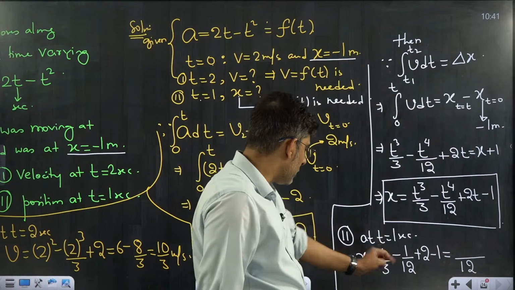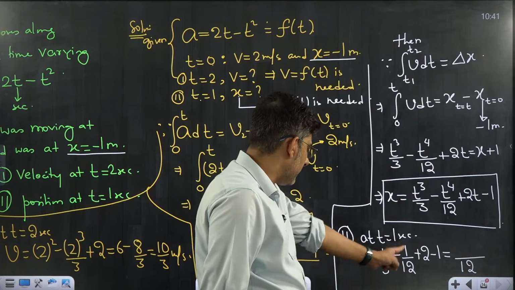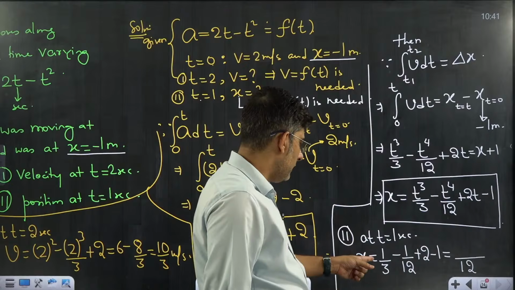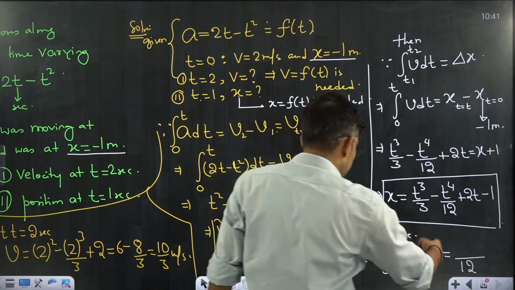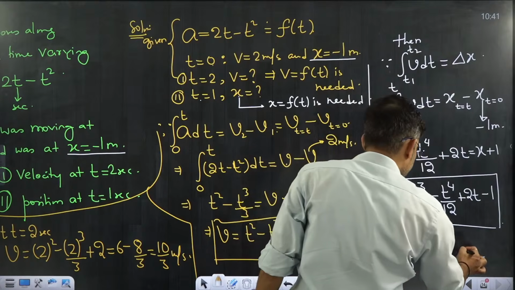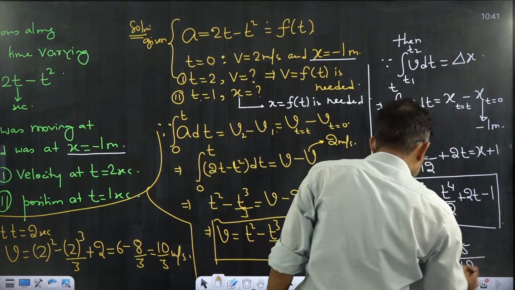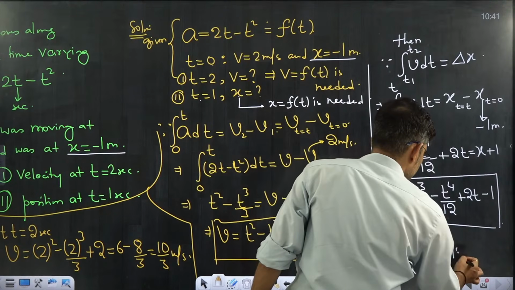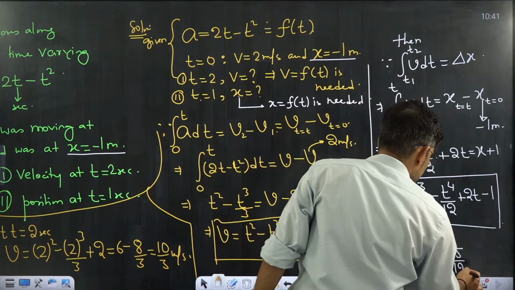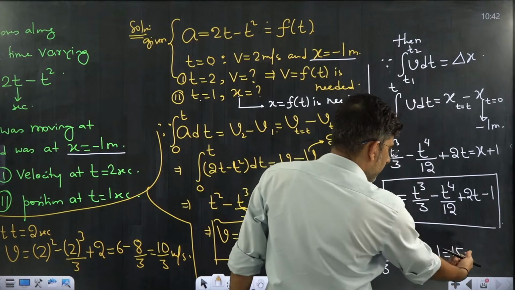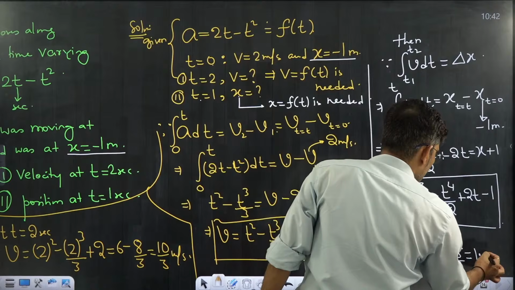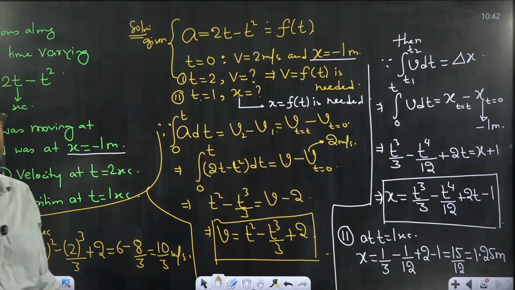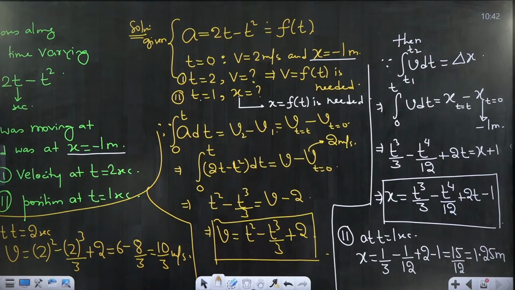So here you will get 4, here we will get 1. 4 minus 1 is 3, and plus 12. 3 plus 12 is 15. 15 by 12 means, 3 5s are 15, 3 4s are 12, 5 by 4, 1.25 meters. Yes, correct. 1.25 meters.